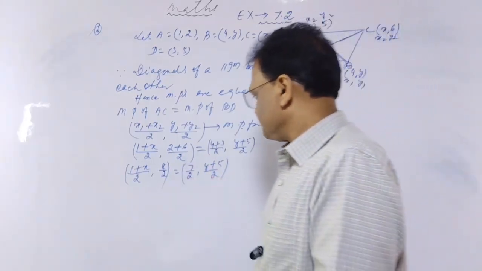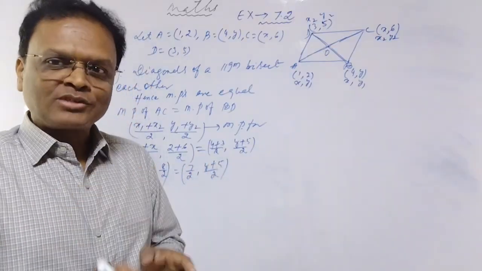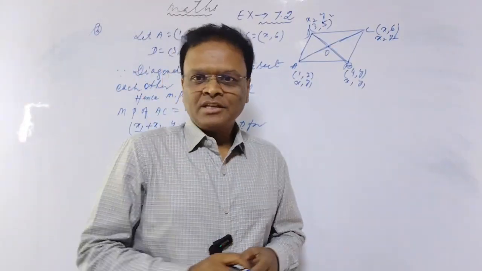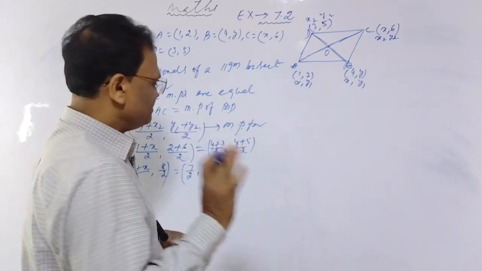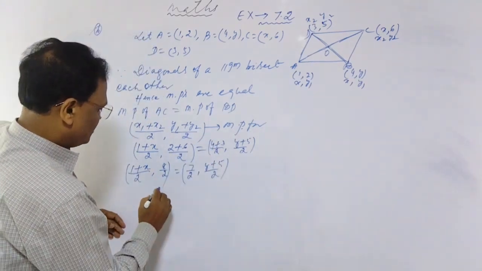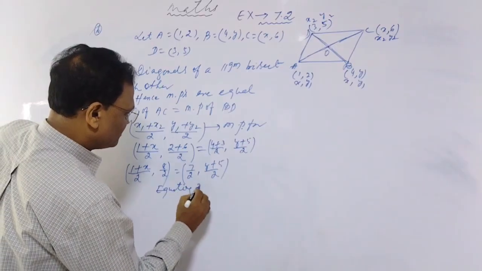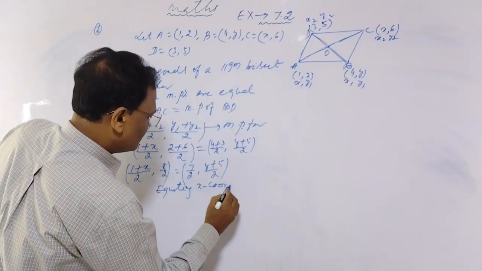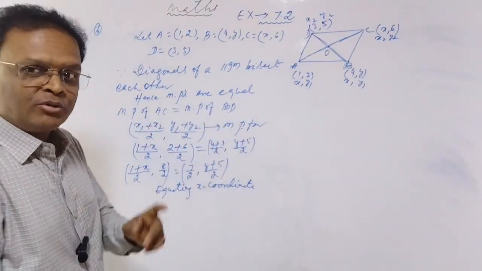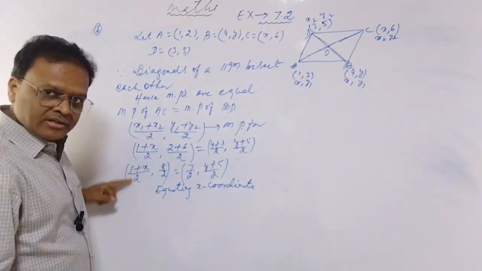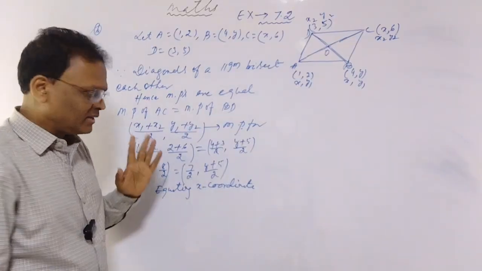From here I equate the x coordinate as well as the y coordinate. If I equate the x coordinate, I get the x value. If I equate the y coordinate, I get the y value. First I'm equating the x coordinate. So this is my x coordinate, and this is the x coordinate. This is the y coordinate, this is the y coordinate.